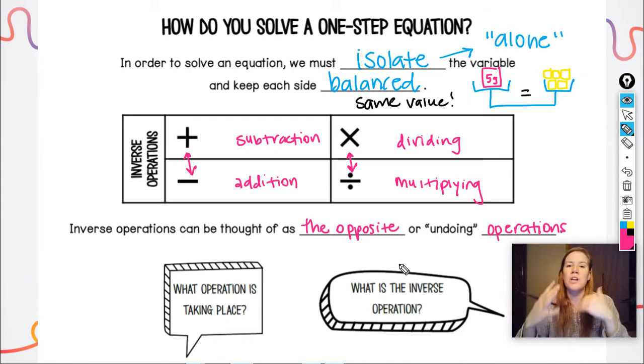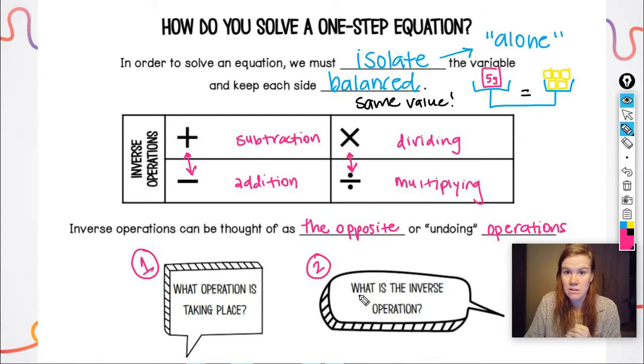They're opposites. We're going to use them to undo an equation, to solve it backwards. So there's two key questions that you have to ask yourself. The first one is, what operation is taking place in the original equation? And then what is the opposite of that? Because that's what you're going to use to undo it.